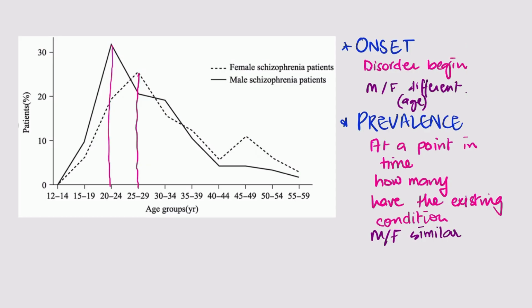And that is just a small thing that you should keep in mind, because for different disorders, you will see this again, onset and prevalence can be different based on gender. In the case of schizophrenia, prevalence is similar, but the age of onset is different in men and women. Lastly, remember that it is rare to see very early onset schizophrenia cases, meaning children or adolescents who have schizophrenia are rare.